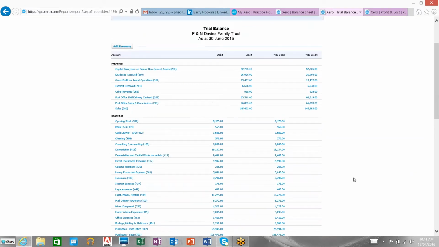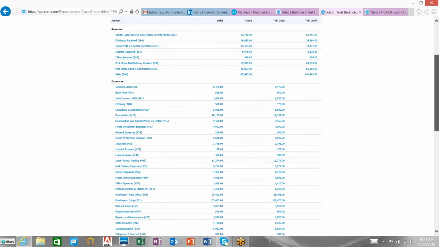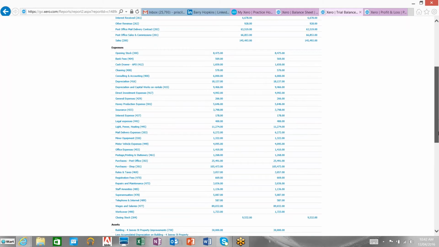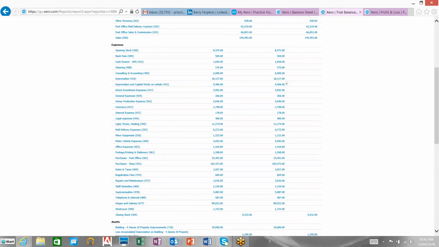And again, let's have a look what's in credit, the revenues. And let's see, where does it pick up the trading account? I think here it puts it all in one line and doesn't pick up the opening, so it just consolidated it.